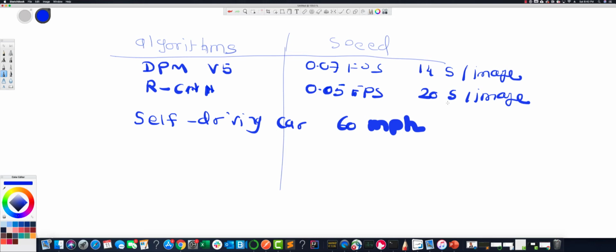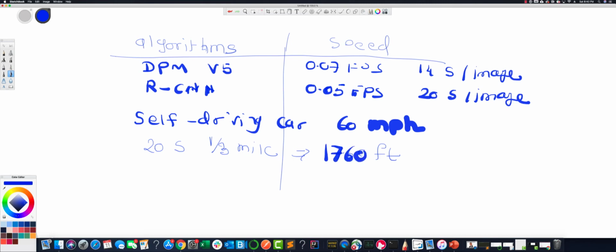In 20 seconds, the car would have already traveled about a third of a mile, which is equivalent to 1760 feet.